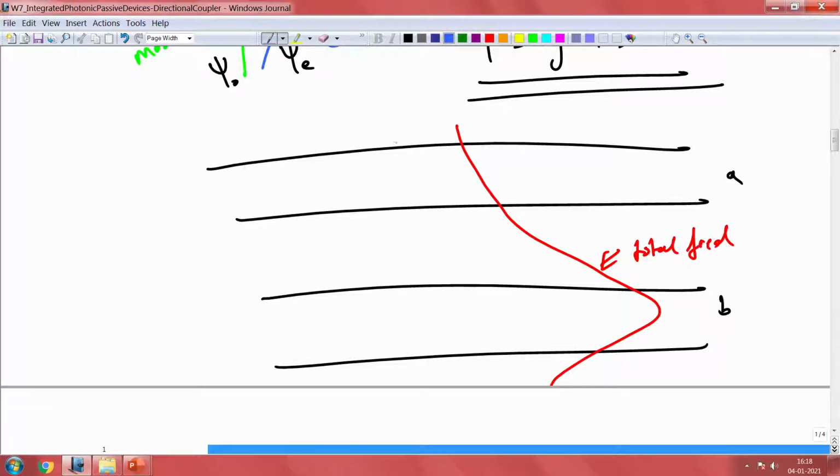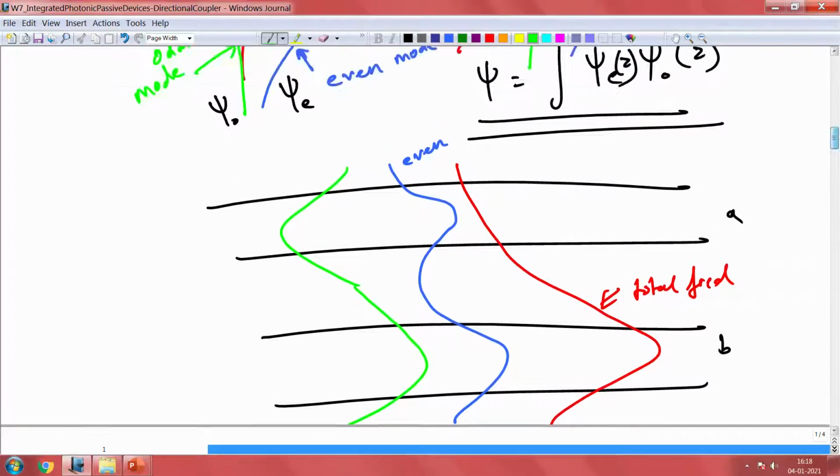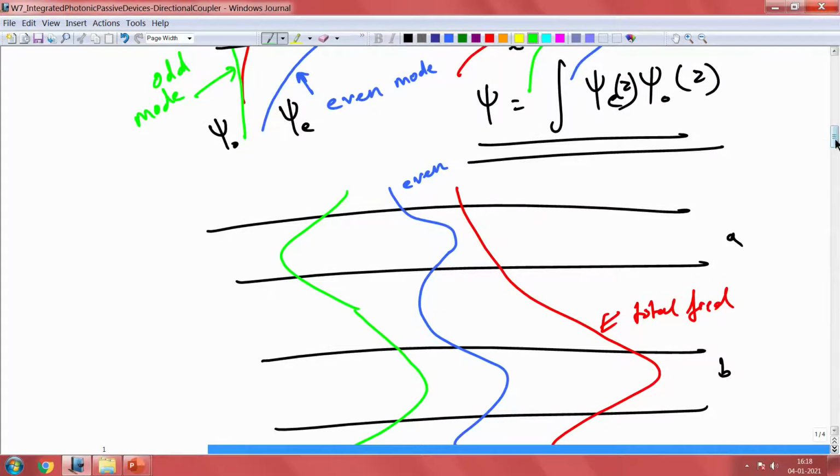The even is going to have something like this. This is the even mode, and you will have your odd mode, something like this. Now the coupling would be slightly different here, but the length they travel will also be different. We are going to talk about the length shortly.